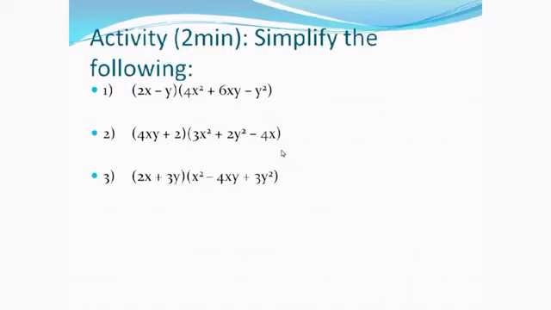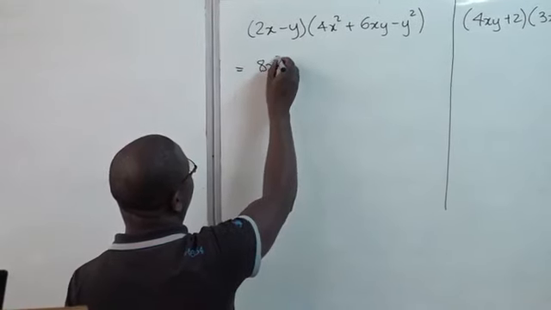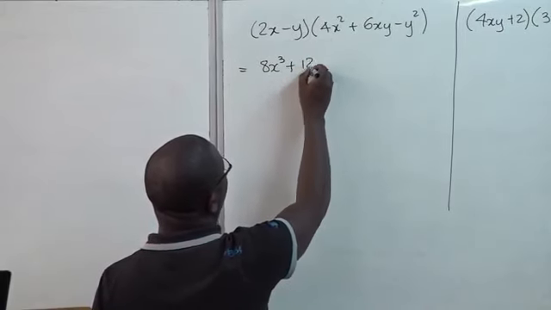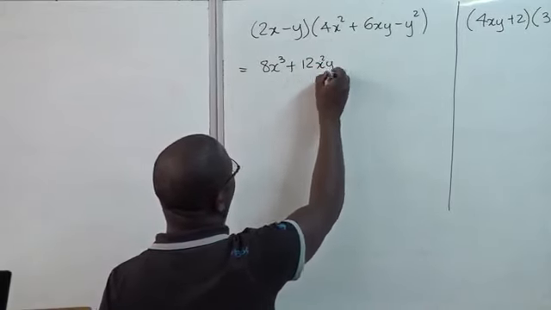In the last learning outcome, we are going to look at the product of a binomial and a trinomial. And the same law, the distributive law, is going to be used here. 2x times 4x squared gives us 8x cubed. That times that gives us plus 12x squared y.